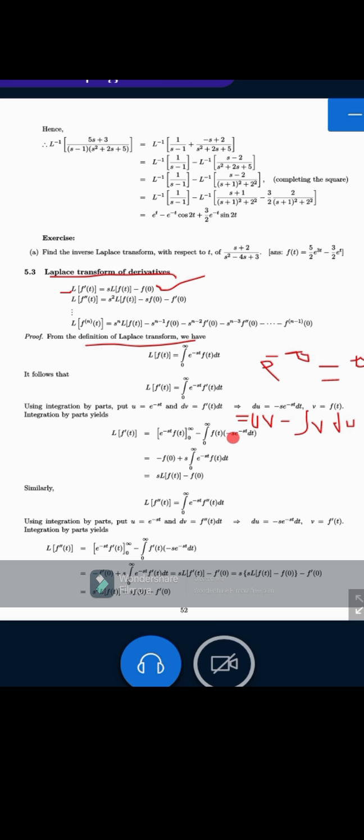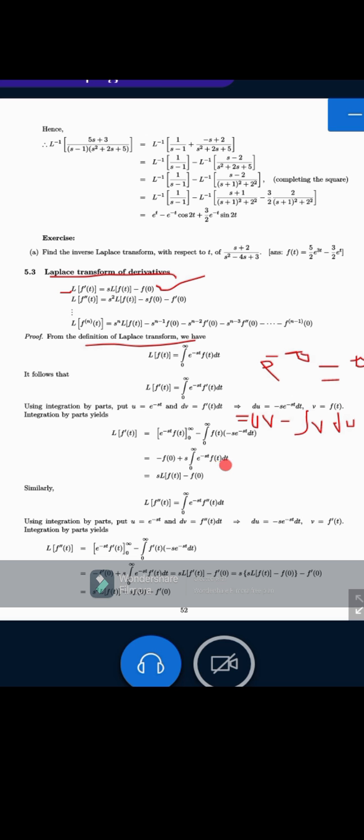So plus, we know that this minus and minus will make us obtain the plus here. And then this s is a constant, so it can come outside as s. So we have the integral from 0 up to infinity, exponential minus st f of t dt.